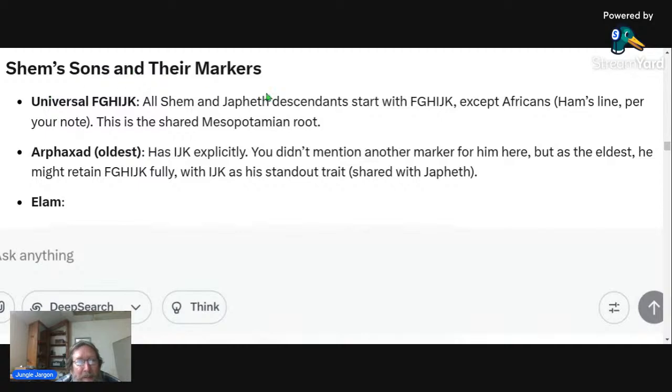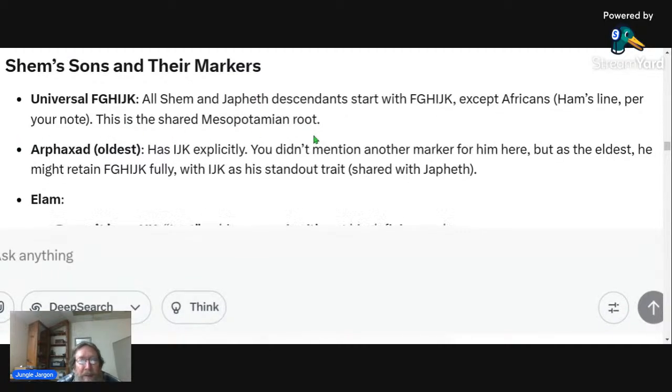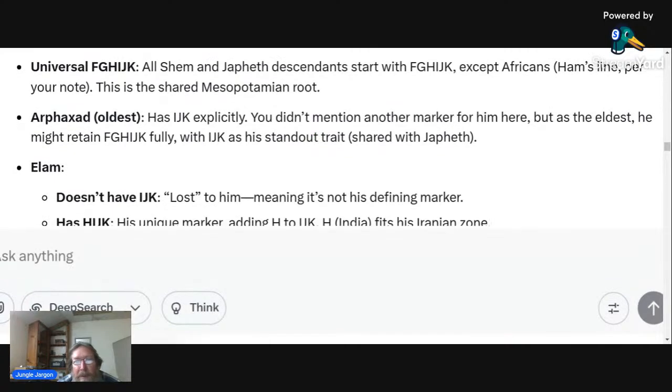Shem's sons and their markers, universal FGHIJK. All of Shem and Japheth's descendants start with FGHIJK, except the Ham's line per note. This is the shared Mesopotamian root, well, except for Nimrod."